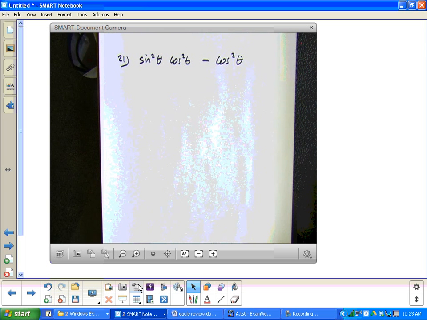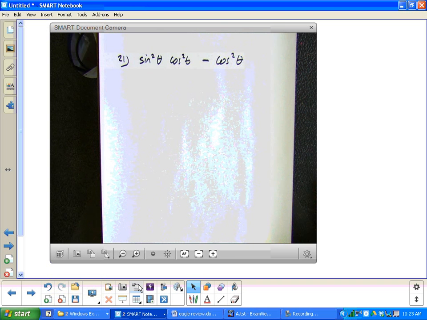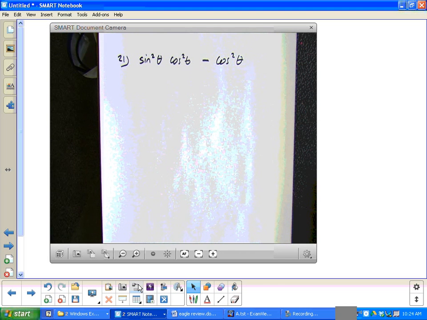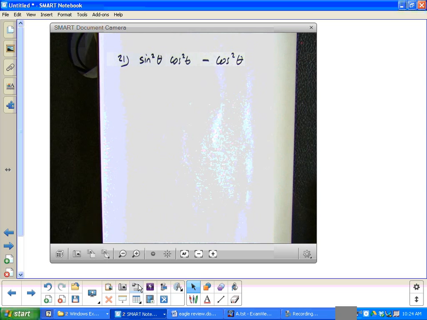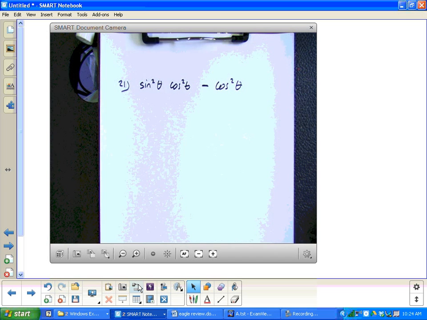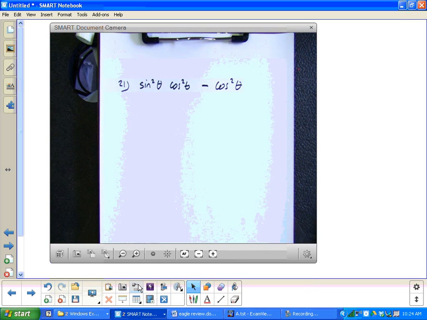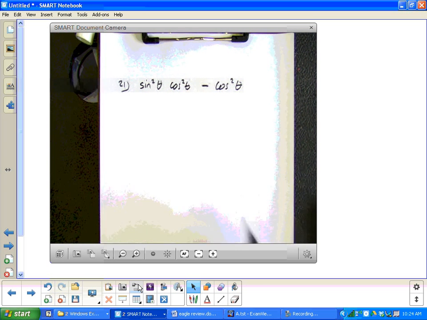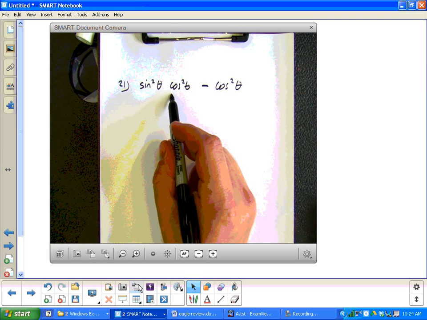No ideas? Look at this on the board. The problem with dividing is there's no equal sign. Notice there's two terms.